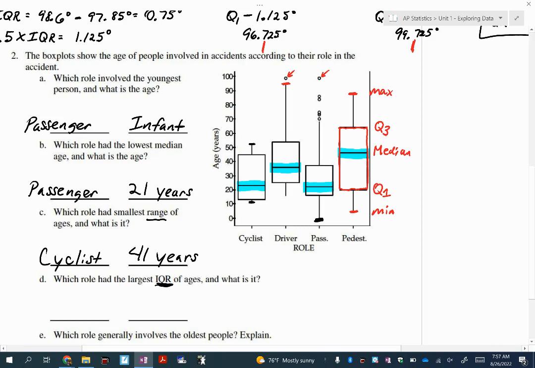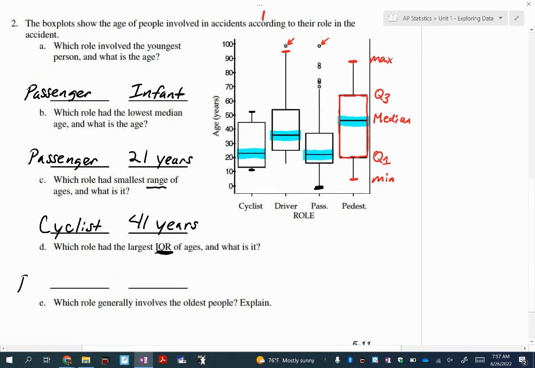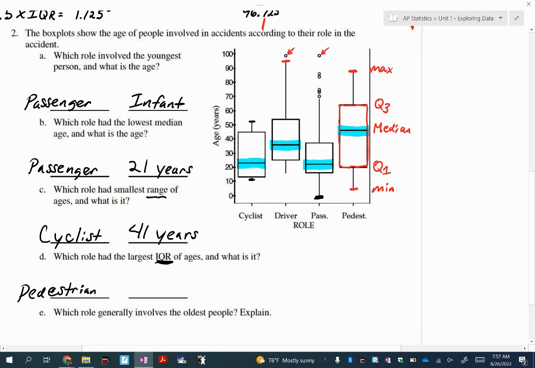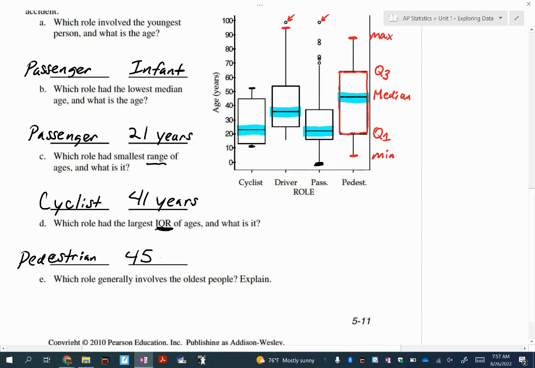The largest box is actually the one I mentioned earlier, which is pedestrian. So that's going to be the largest IQR. Estimating 65 minus 20, I'm not sure that's right, but I'll just say approximately 45 years.